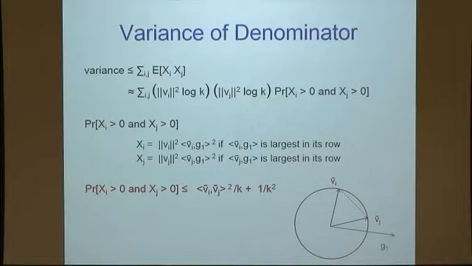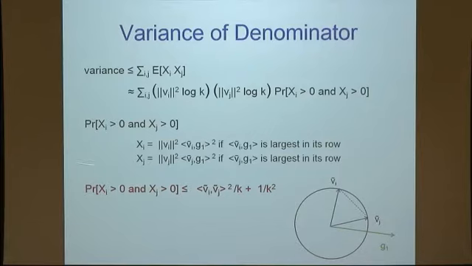The other boundary case is when vi tilde is equal to vj tilde. In that case, what is the probability that both of them are greater than 0? It's just 1 over k, right? Which is what we have over here. So essentially what this statement is saying is that the general case is a convex combination of the two boundary cases: one where they are completely independent and one where they are completely correlated.